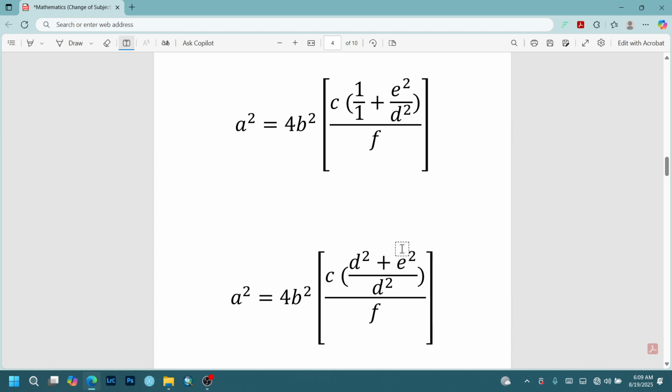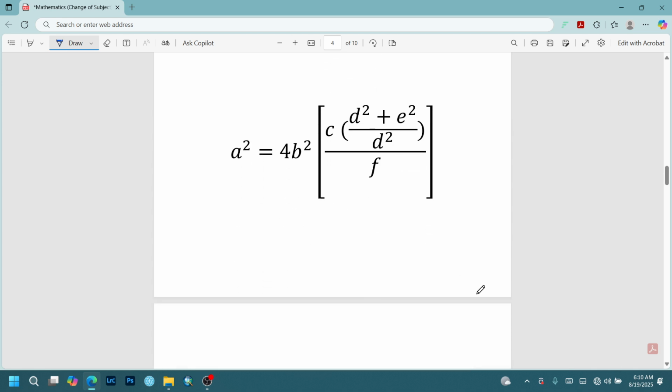So the denominator d square multiplying the numerator 1 will give you d square, okay. The denominator 1 multiplying the numerator e square will give you e square, right? And the two denominators multiplying each other will give you d square, okay. So that explains why we had this fraction, okay.